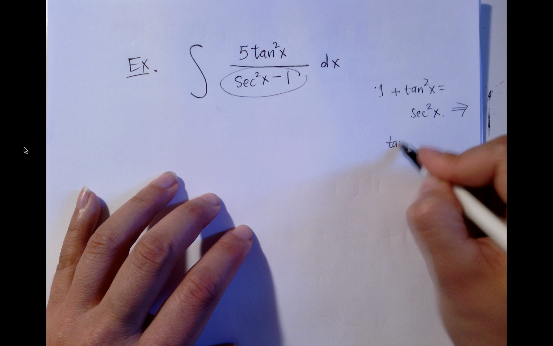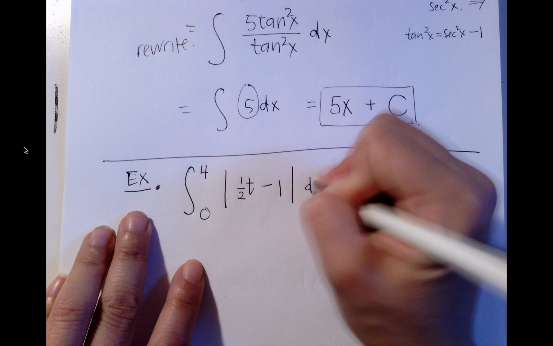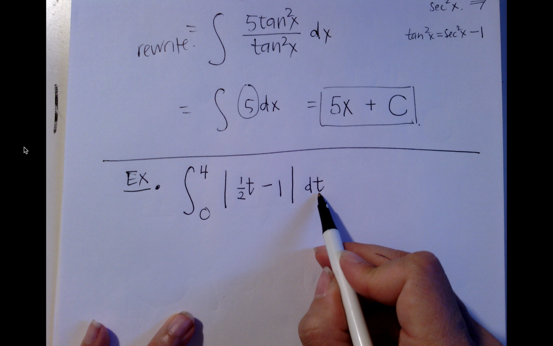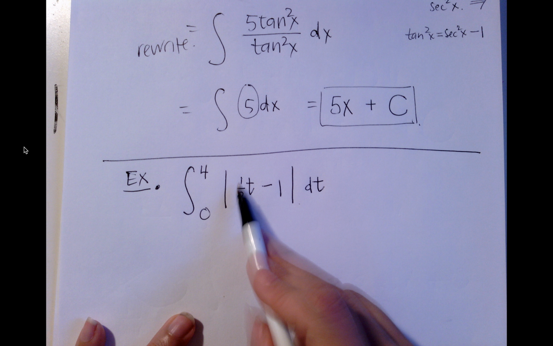Let's do one more example that involves absolute value. I'm going to do a simple example because first I just want to illustrate the idea. Okay, I'm also using the variable t just to show you that you don't always have to use x. So this is the integral of the absolute value of 1/2 t minus 1.